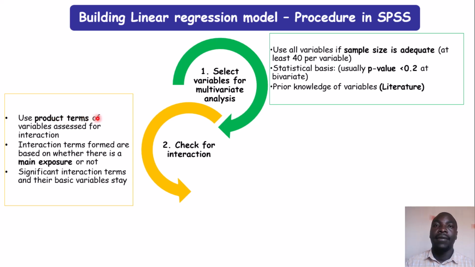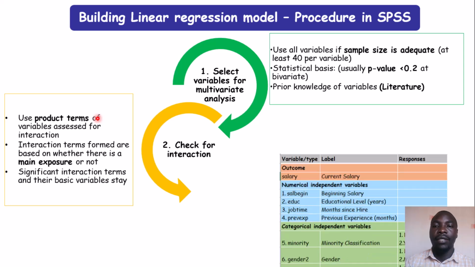When you are assessing whether your sample size is adequate, you put into consideration the original variables and the possible interaction terms that you can form. And for each of the variables plus their interaction terms, we should have 40 observations. This is what we mean.